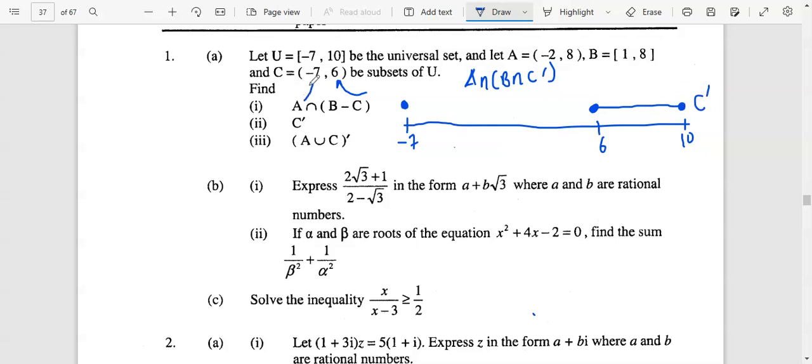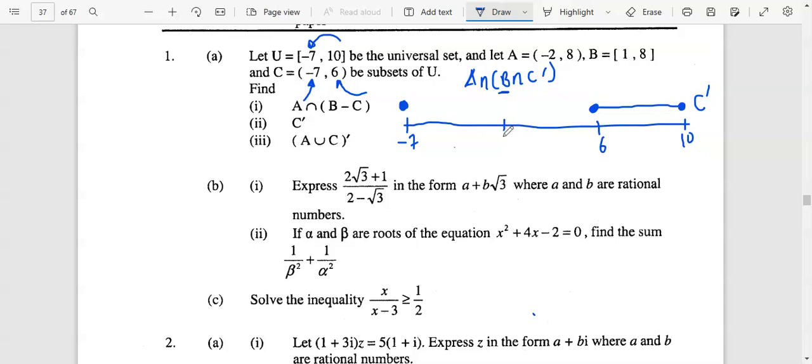And you also have -7. -7 is not part of the set C, therefore it's going to be part of the complement, since we know that -7 is in the universal set. That is the dot that you are able to see here. Starting from the dot at -7 and then from 6 to 10, this is C complement. And then now we can get the set B.